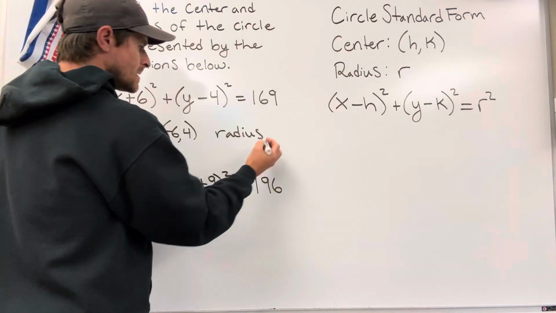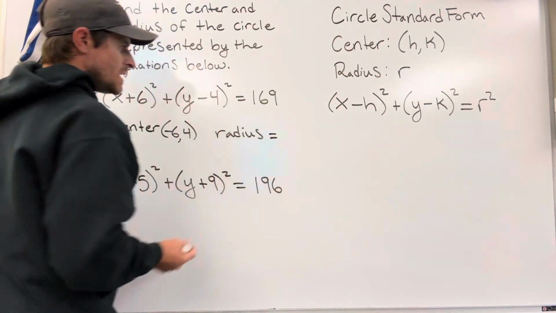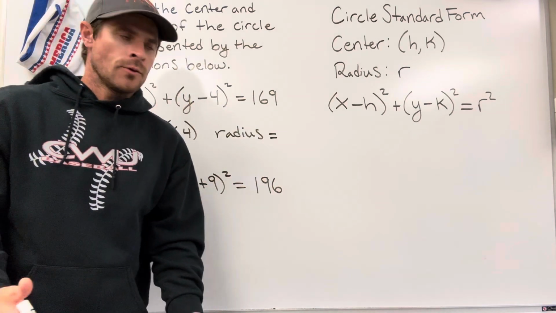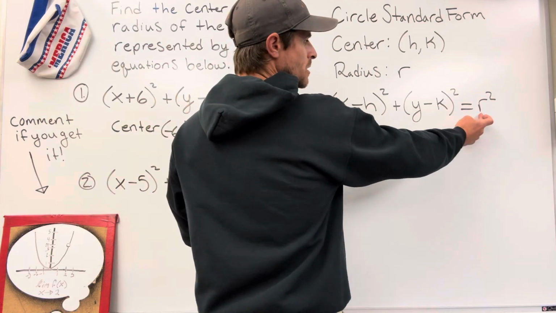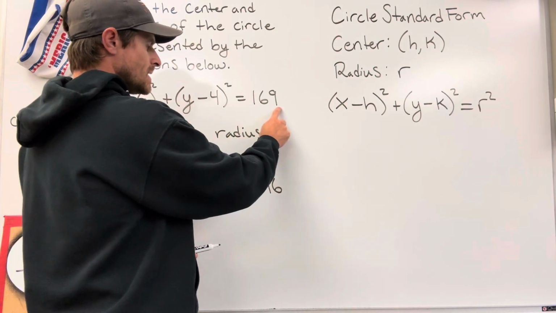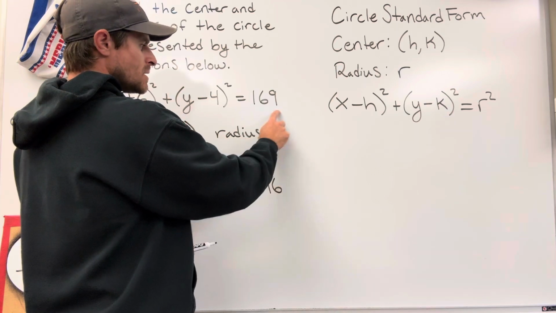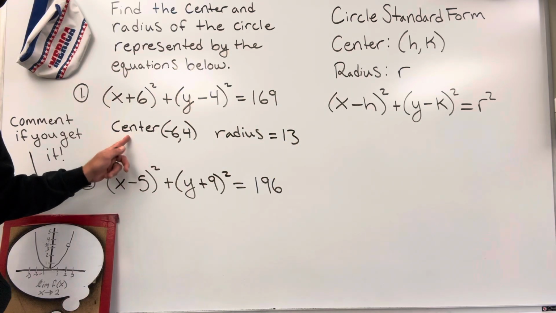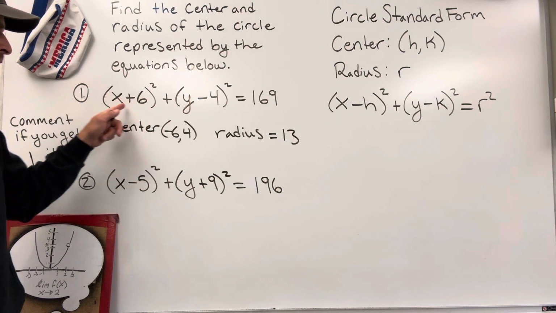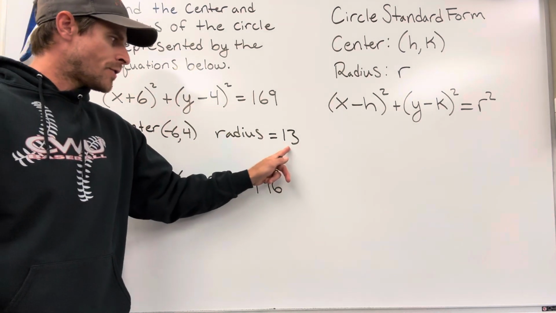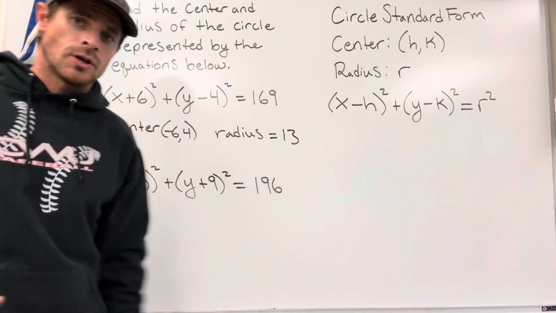The radius has got to be equal to that number you see right here, but we have to take the square root of it, remember, because r over here is being squared. We've already squared the value of r and got 169. So what number times itself makes 169? 13. So the center of this circle, if graphed out, would be at (-6, 4) with a radius of 13. That'd be a pretty large circle on a graph.